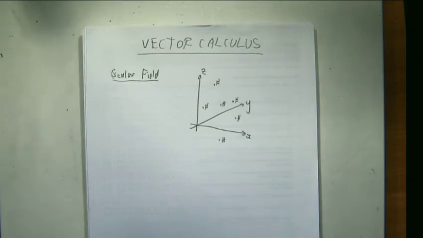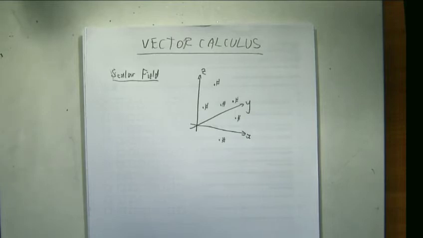Something like the temperature in the air in this room. Every point in the air has its own temperature, and you could have a number at every point. And the idea is that you can pick a point anywhere and zoom in on it and look closely, and it will tell you a number that says what the scalar field is at that point. Okay? That's a scalar field.